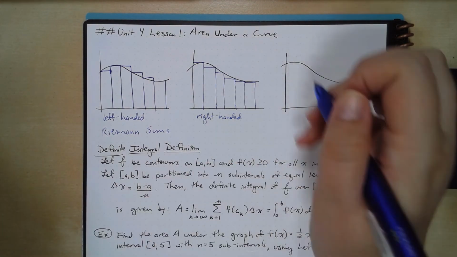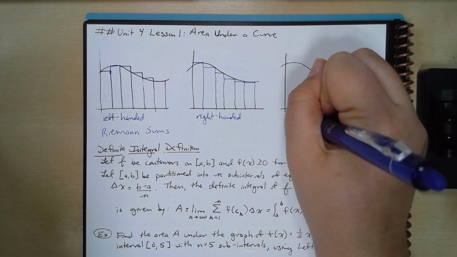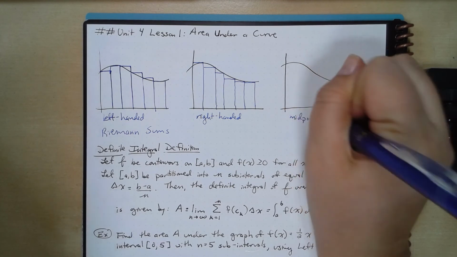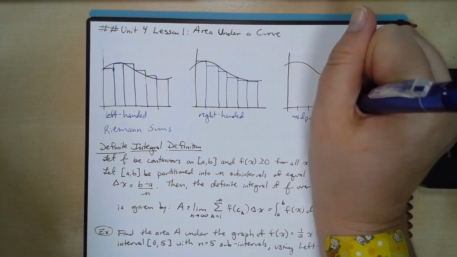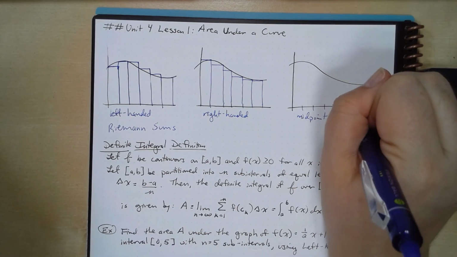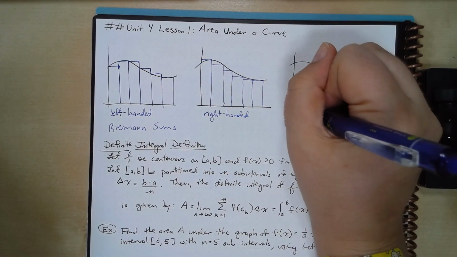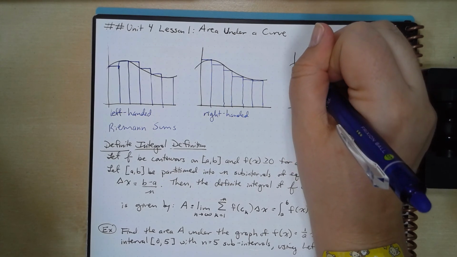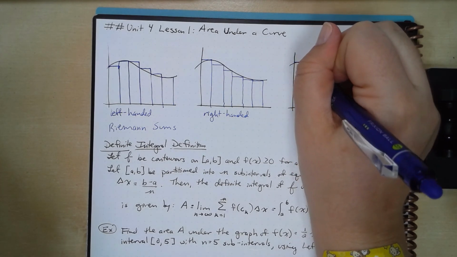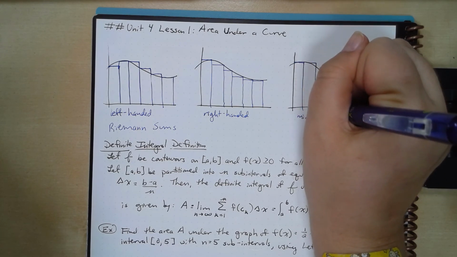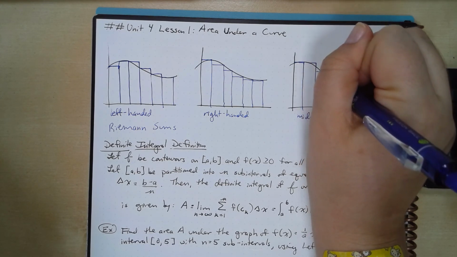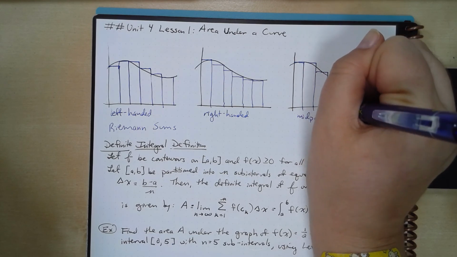And our last type of Riemann sum is a midpoint Riemann sum. And there, we're going to still have those 6 bars, 1, 2, 3, 4, 5, 6, but this time we're not going to use the left or the right, we're going to use the midpoint. So we would do the midpoint here, midpoint, here, midpoint, here.